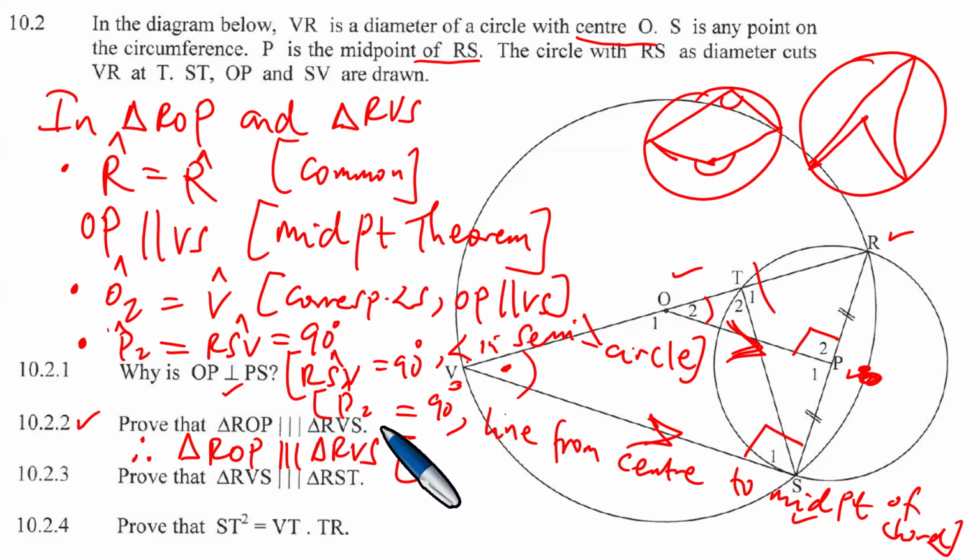Why? Because here it's about angles that are equal: angle, angle, angle. So we've been able to establish the fact that triangle ROP is similar to triangle RVS. And we established that, so that was 10.2.2.